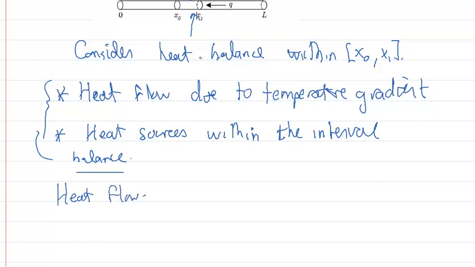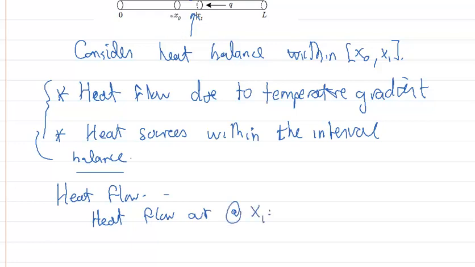Okay. Now there's the flow that goes out at this end, and then there's the flow that comes in at this end. Now what is the flow that comes out at the right-hand endpoint? So let me just write that down. There's a heat flow out at x1.